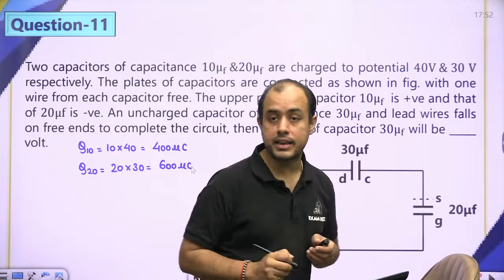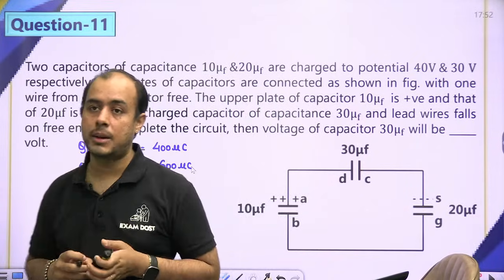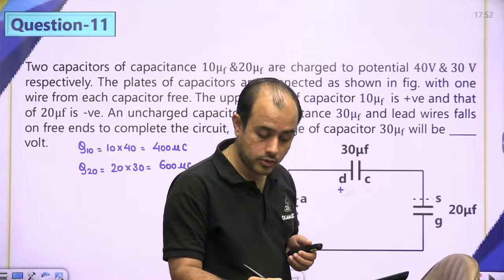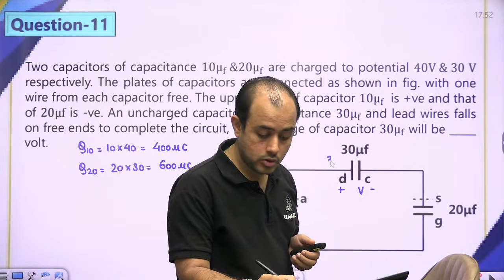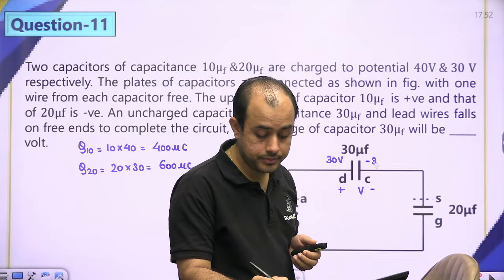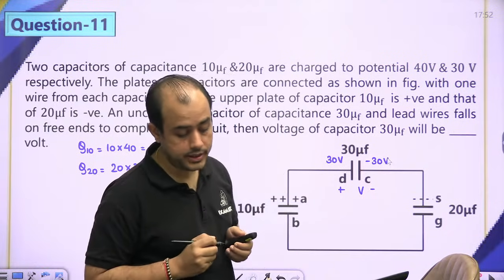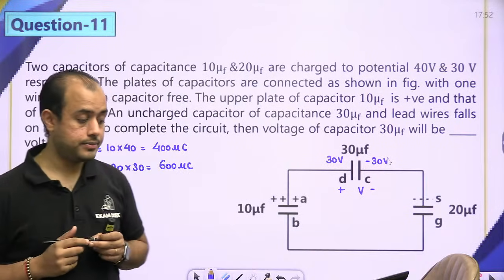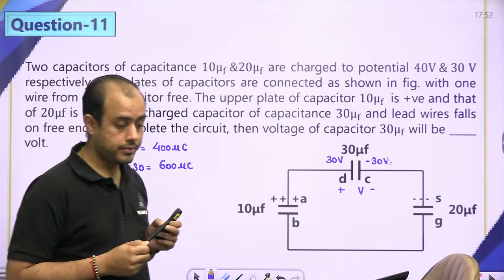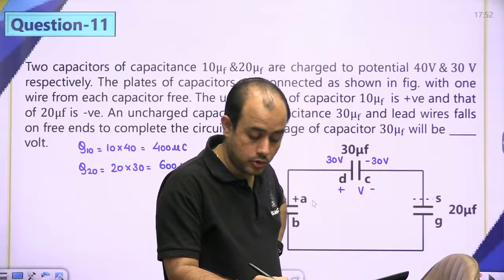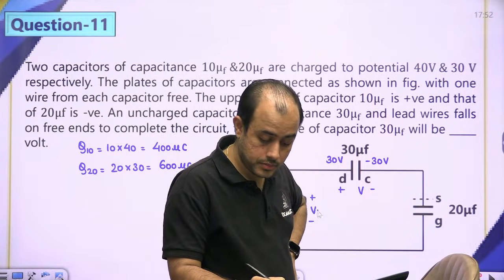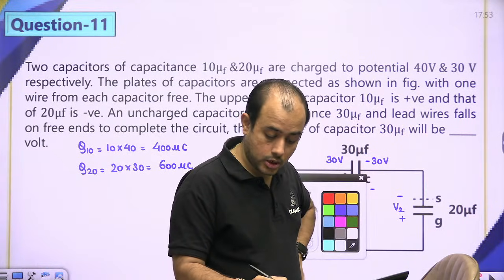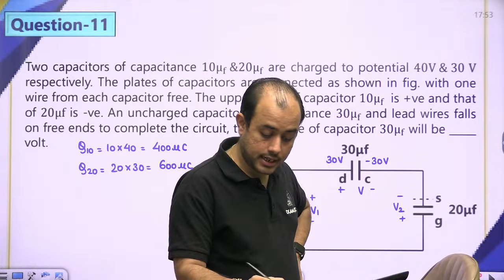The plates that are connected together, you can consider their total charge conserved. So suppose, beta, this voltage is V. So this charge will be 30V, minus 30V. Okay. Then after connecting, suppose I take this voltage as V1, and this as V. Now I will start conserving the charge.